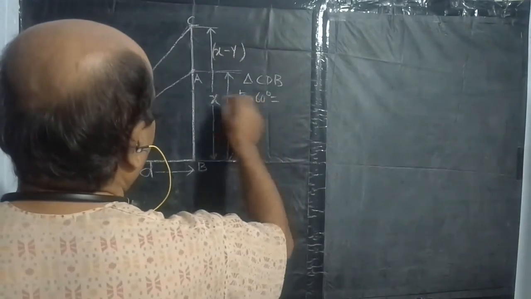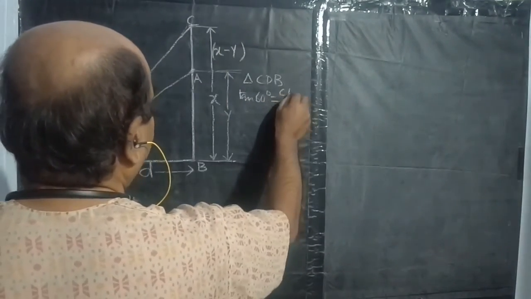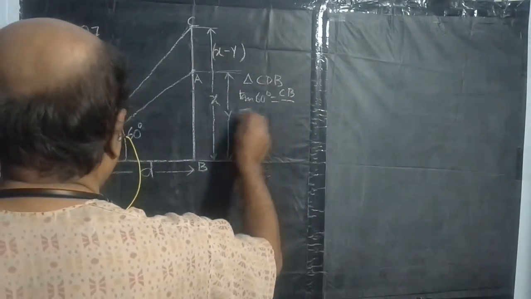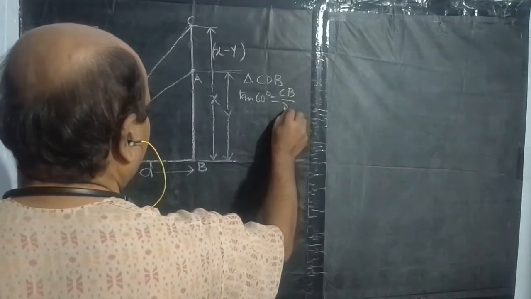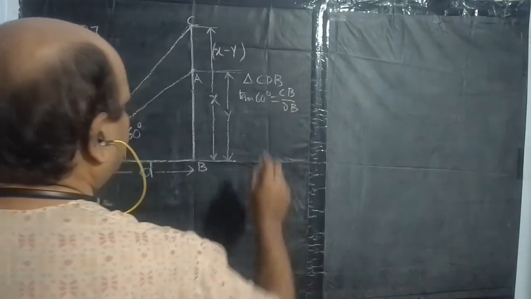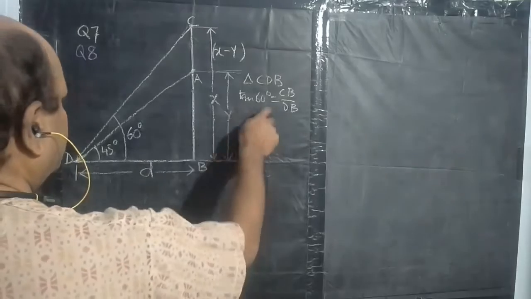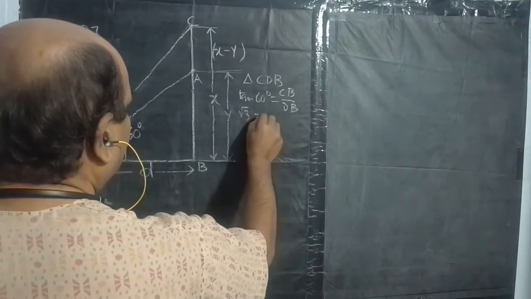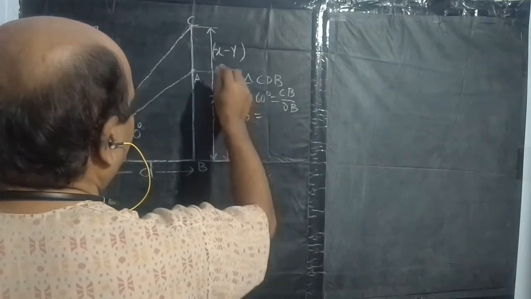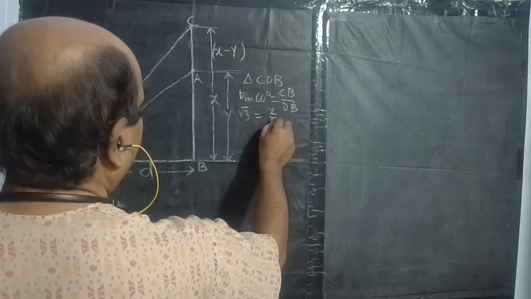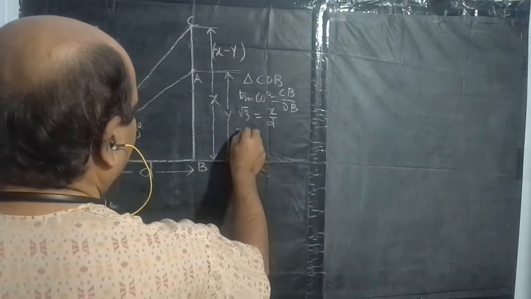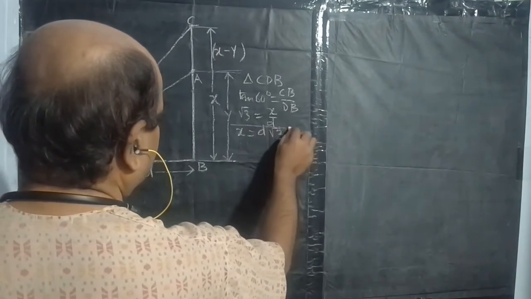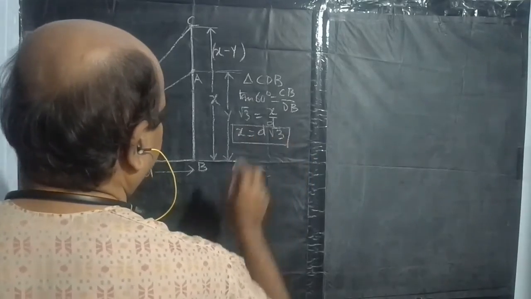The opposite side is CB, and the adjacent side is DB. Tan 60 is root 3, equal to CB upon DB. CB is X, DB is D. So X equals D root 3. This is one relation, the relation of X.